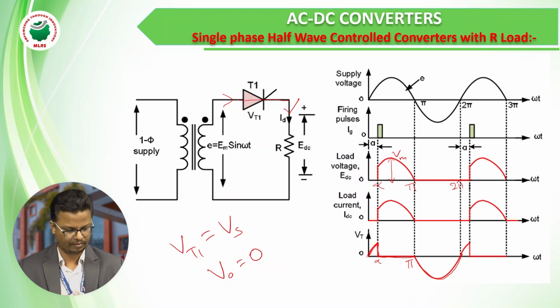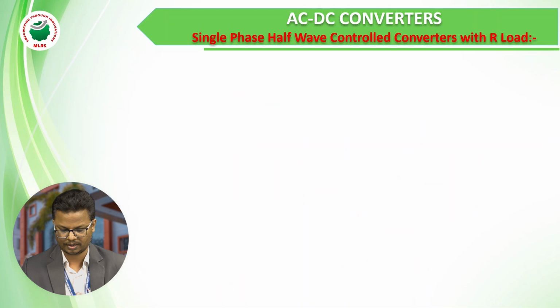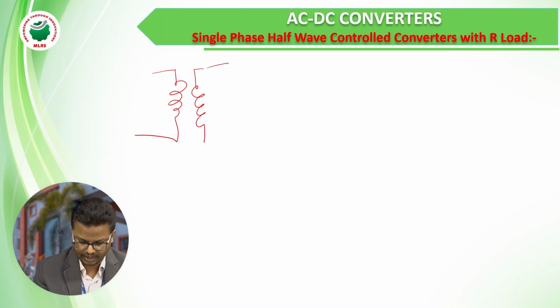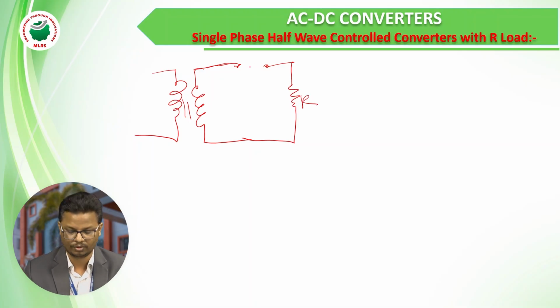Okay, so this is the operation. We can draw this neatly, stepwise. See here, this is the tapered transformer. When we do not give a triggered pulse, then here it acts as an open circuit.